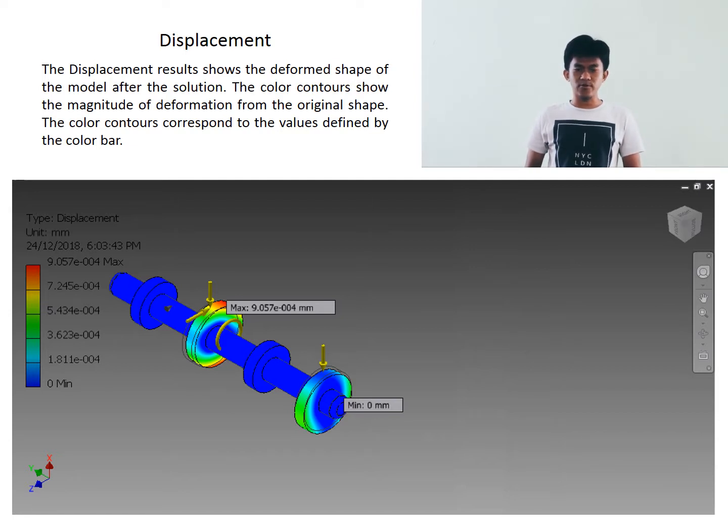As you can see from the picture of the analysis, based on the contour color of the shaft, we can see that at this spur gear there are mixed colors of red, blue, green, and yellow. So it shows that the stress and displacement happen at the spur gear.